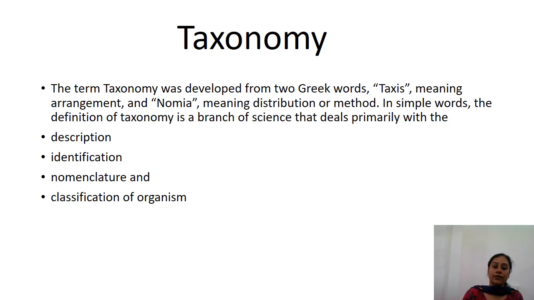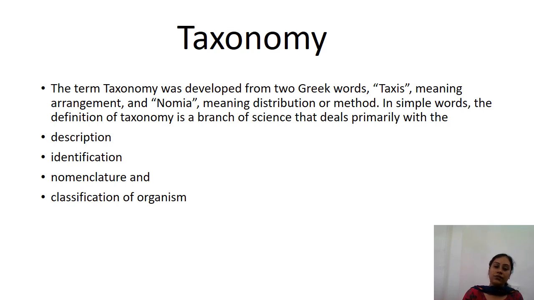So we first describe those organisms, then with the help of that description, means the outer character, means phenotype of that particular organism, we identify them, and after identification we get a name of that particular creature, and finally we classify those organisms depending on their genetic structure.